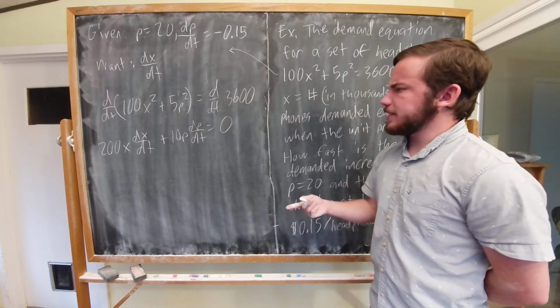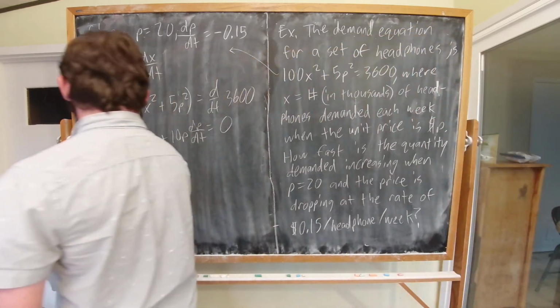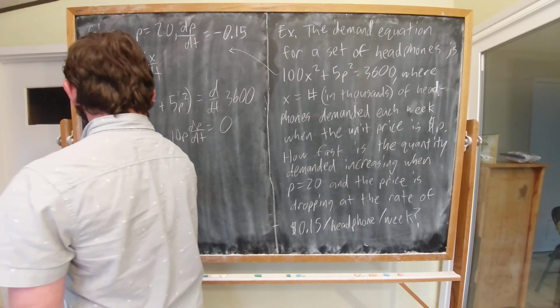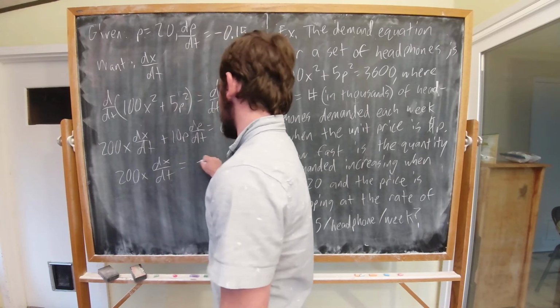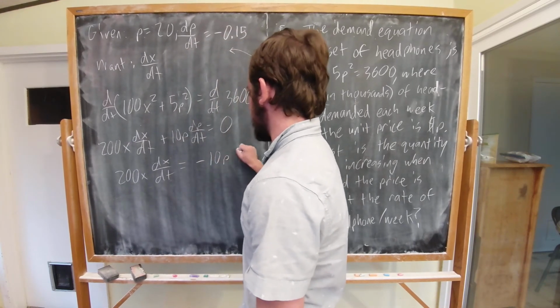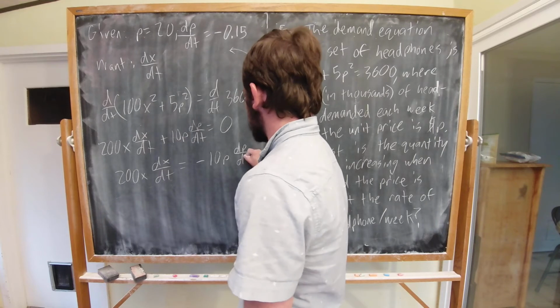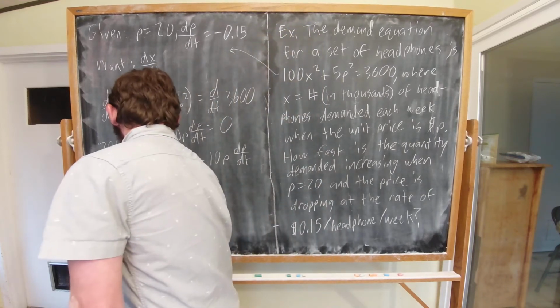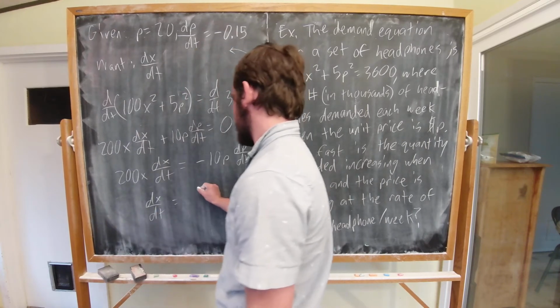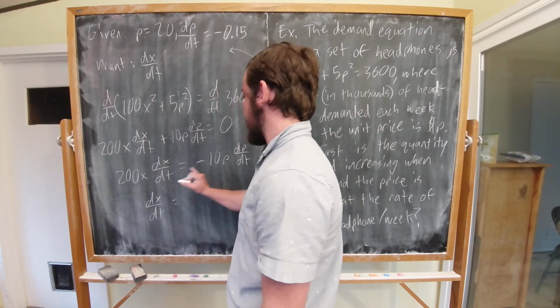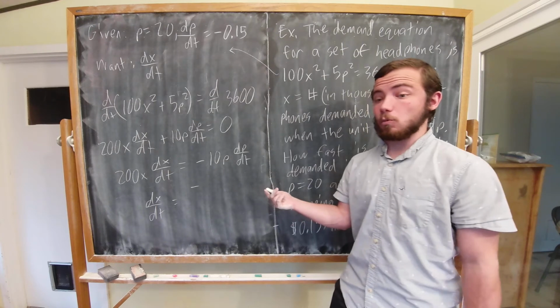All right, I want dx/dt, so let's get it all by itself. 200x dx/dt is equal to negative 10p dp/dt. dx/dt is negative 10 divided by 200, which is 1 divided by 20.